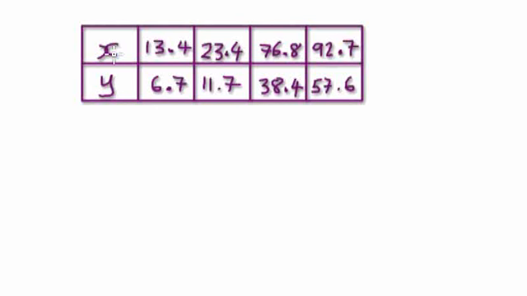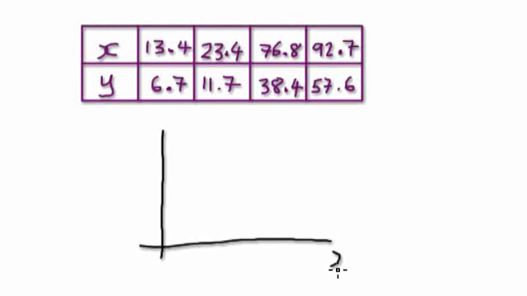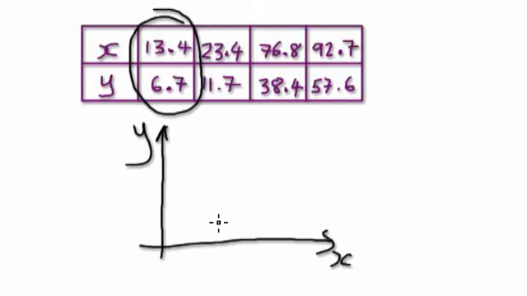Okay, so let's just say that y is directly proportional to x. Then let's have a look at the first point here. 13.4, I'm going to guess 13.4 to be around here. 6.7, I'm going to guess to be around here.